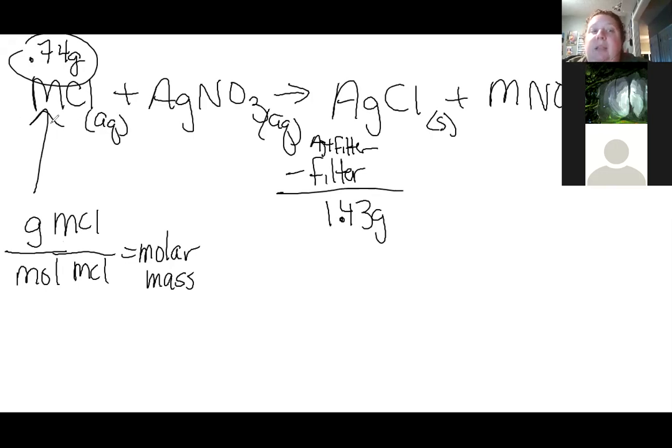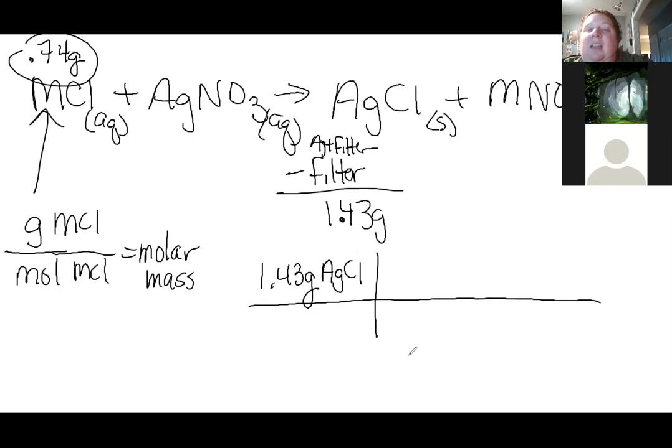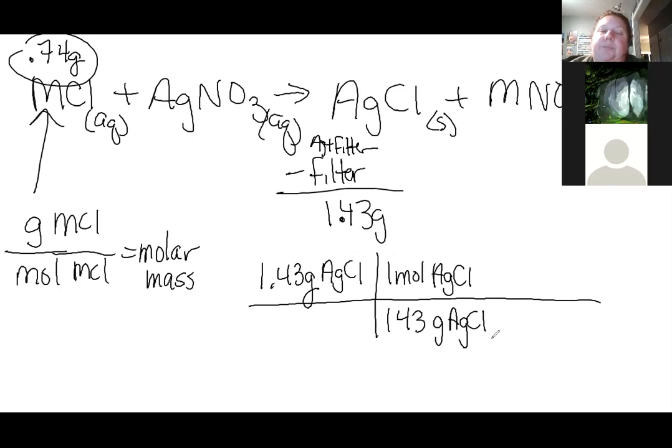So my equation is balanced the way it is right now. If I have 1.43 grams of AgCl, anytime you've got grams, you should always be able to turn it into moles. And they even tell us in the problem what the molar mass of AgCl is. It's 143. Yeah. 143 point something, right? That's just what it says. Just 143, okay. I was thinking of a different problem.